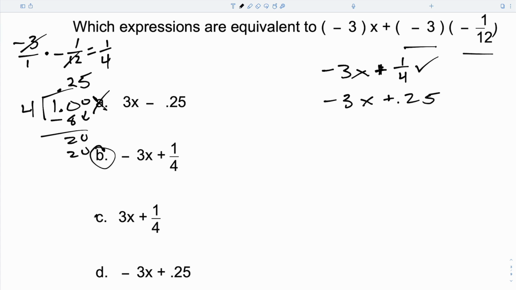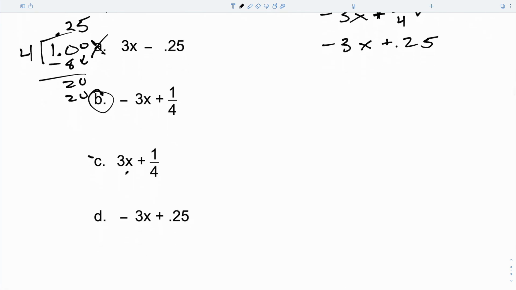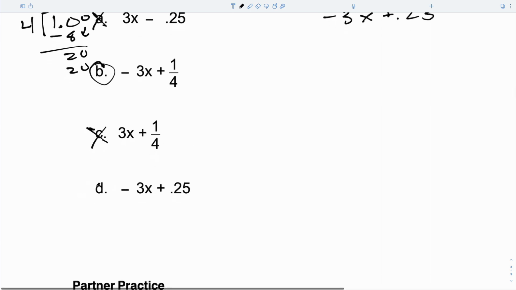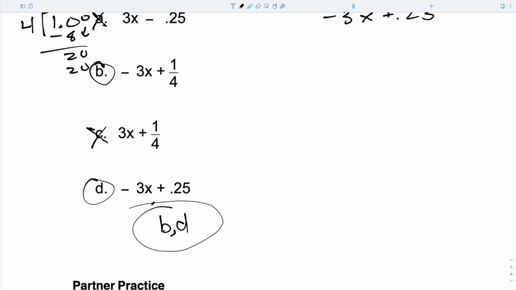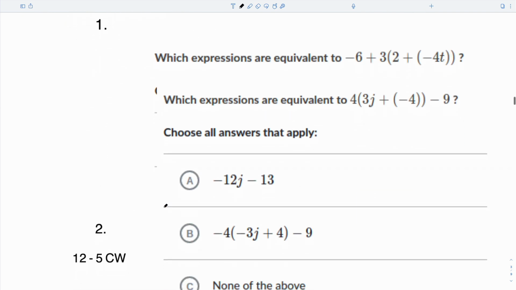Does C match? Nope. Does D match? Your answer is B and D. Next page, or go down to partners.